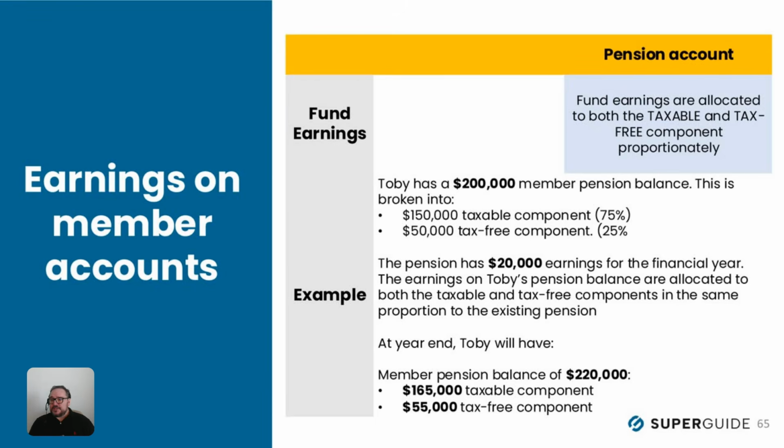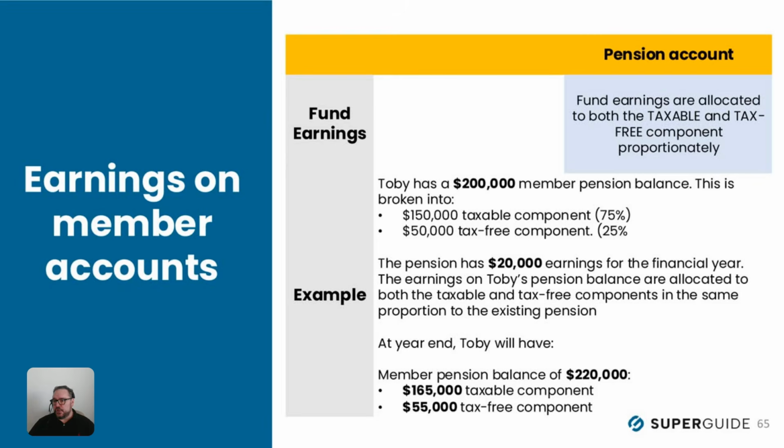Now, let's change that. Toby has $200,000 in a pension, and it's again the same components, $150,000 taxable and $50,000 tax-free. To make life easy here, the $150,000 taxable component represents 75% of his member balance of $200,000.